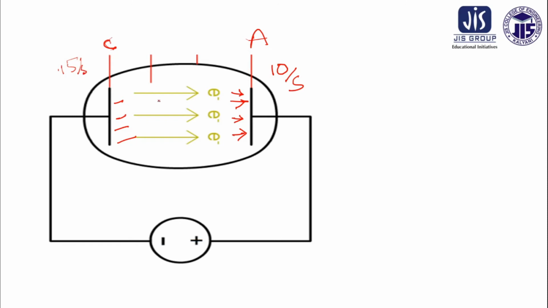Then what happened in this case? An excess number of electrons is present in this particular portion, which creates a space charge of the electron here, and this is actually called the electron space charge.